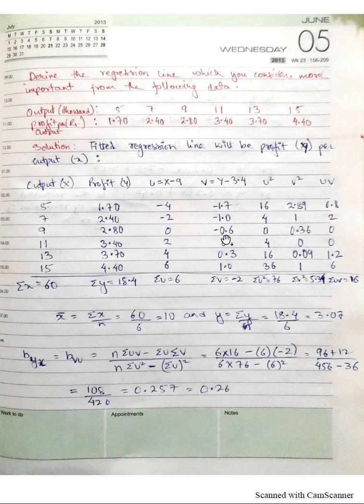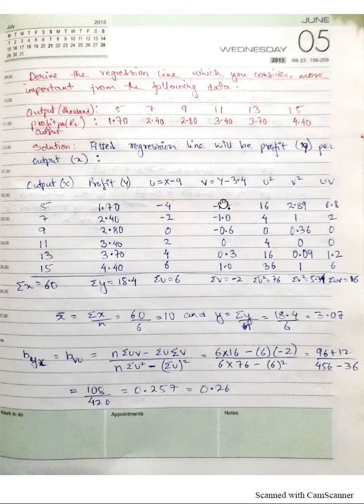So we subtract 3.4 from the values of y given. So 1.7 minus 3.4 is equal to minus 1.7, 2.4 minus 3.4 is minus 1, 2.8 minus 3.4 is minus 0.6, 3.4 minus 3.4 is 0, 3.7 minus 3.4 is 0.3, and 4.4 minus 3.4 is 1.